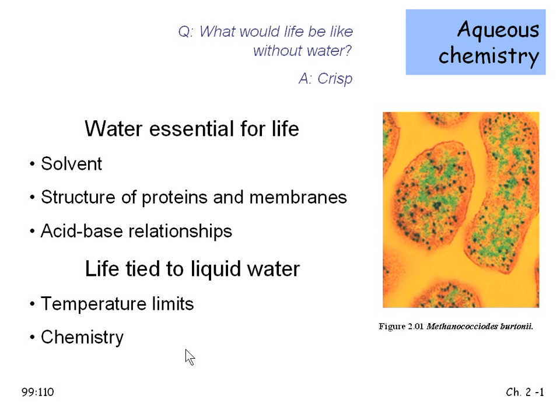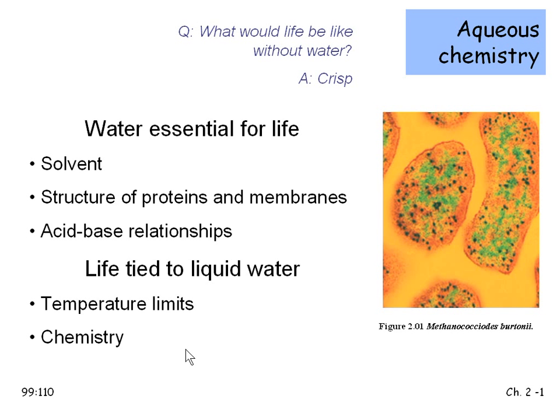Secondly, its properties give rise to the basis for membranes and proteins to have structure, and we'll see what the basis for that is. Third of all, it's due to the structural properties of the water molecule that acid and base relationships hold for living systems. There are, of course, acids and bases in non-aqueous systems, but we're going to be thinking about it in this one because this is where living things are.